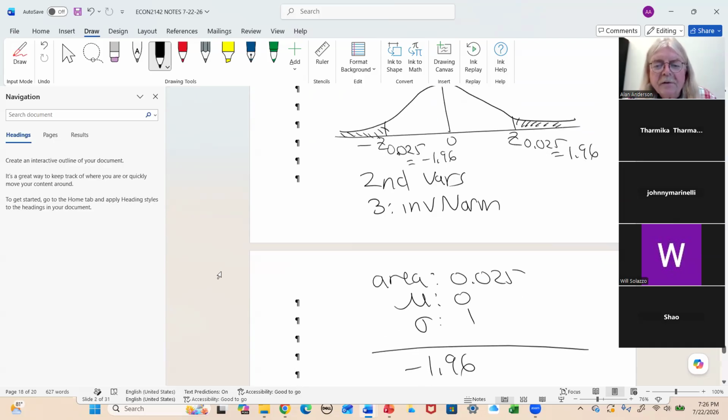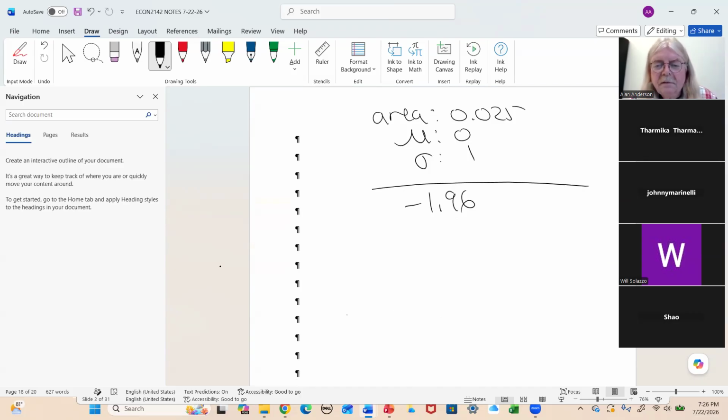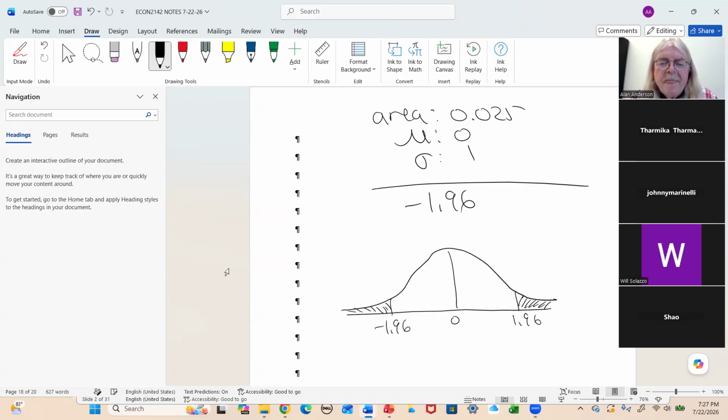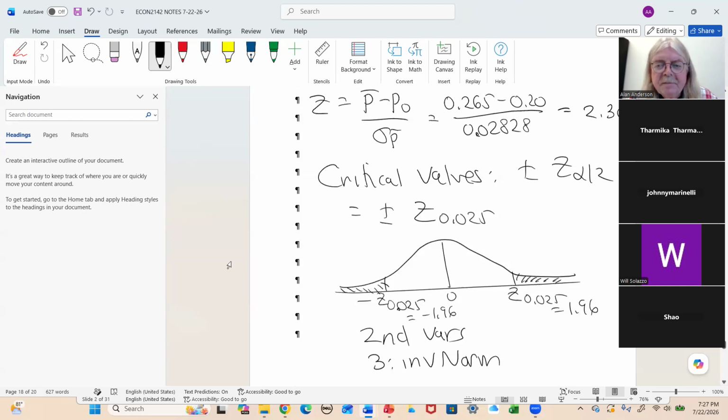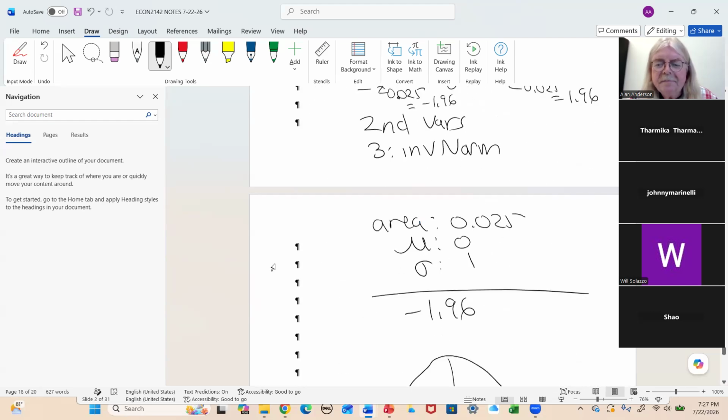So those are the critical values. And the test statistic was 2.3.